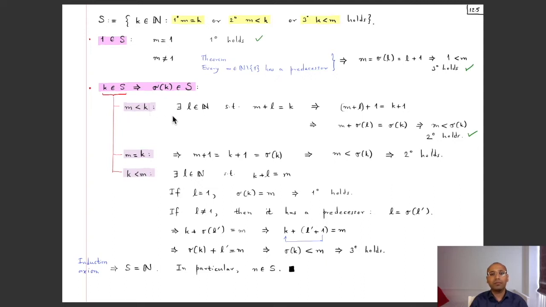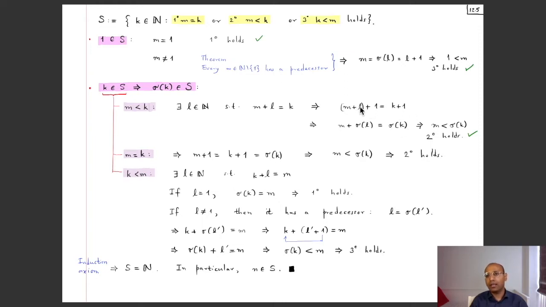What does that mean? That means that there exists some natural number L such that m plus L is equal to k. But I want to say something about the successor of k. So it would be nice to add 1 to both sides so that we get the successor of k over here. If I add 1 to both sides, we get m plus L plus 1 is equal to k plus 1. K plus 1 is the successor of k.